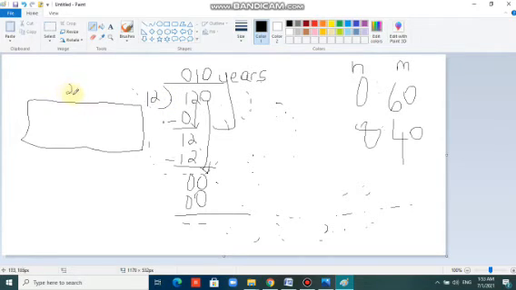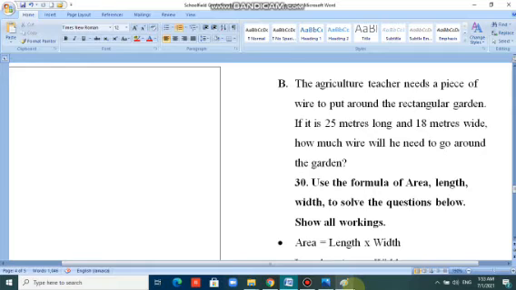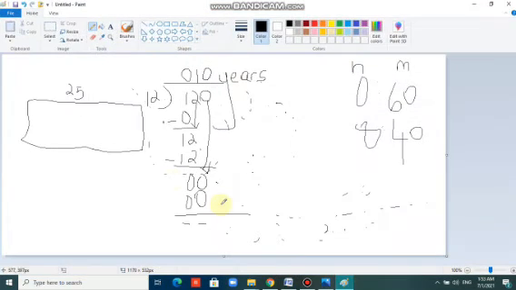So it's 25 meters and 18 meters wide. So this is the width, this is the length.